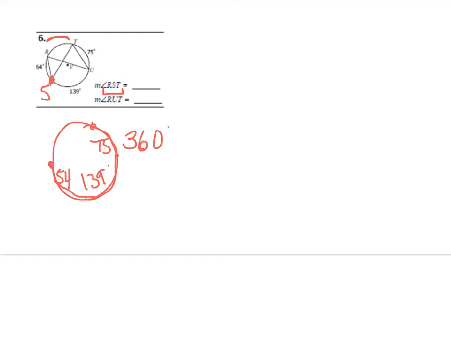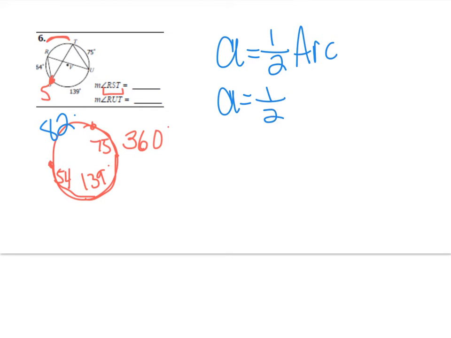We're going to add these numbers together and subtract them from 360 to find out what the intercepted arc RT is. Now that we know our intercepted arc is 82 degrees, we write our formula. The angle on the circle is equal to 1/2 the arc. The angle is equal to half of 82.